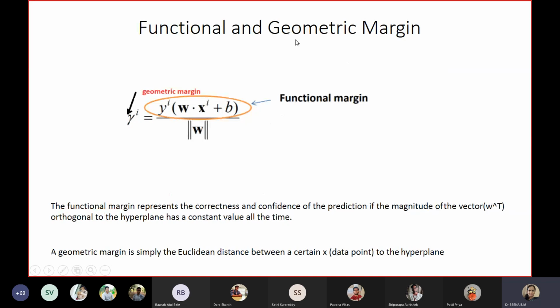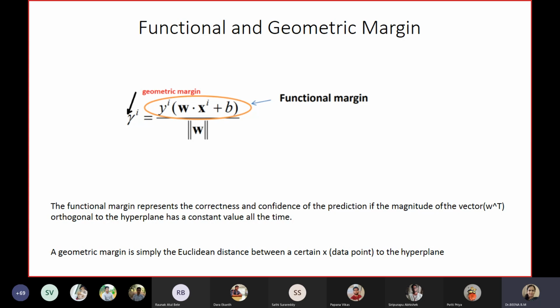Here, functional margin and geometric margin. Look at this equation, gamma of i. This is the geometric margin, represented as gamma superscript i. So what is gamma here?